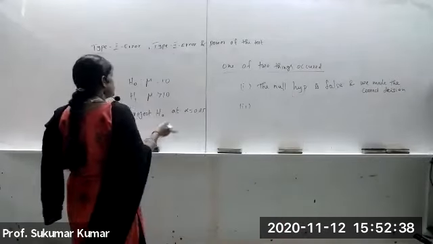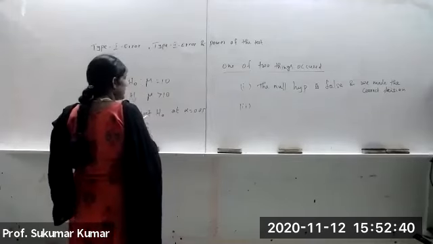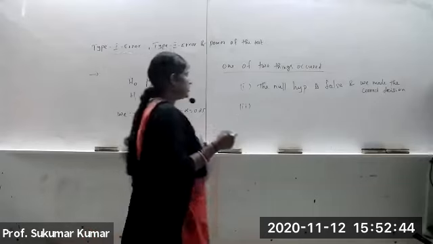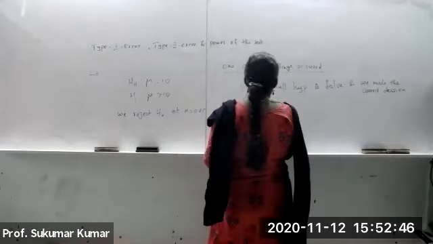Suppose the null hypothesis is true and we are rejecting H naught. Null hypothesis true and rejecting H naught means this is type 1 error.